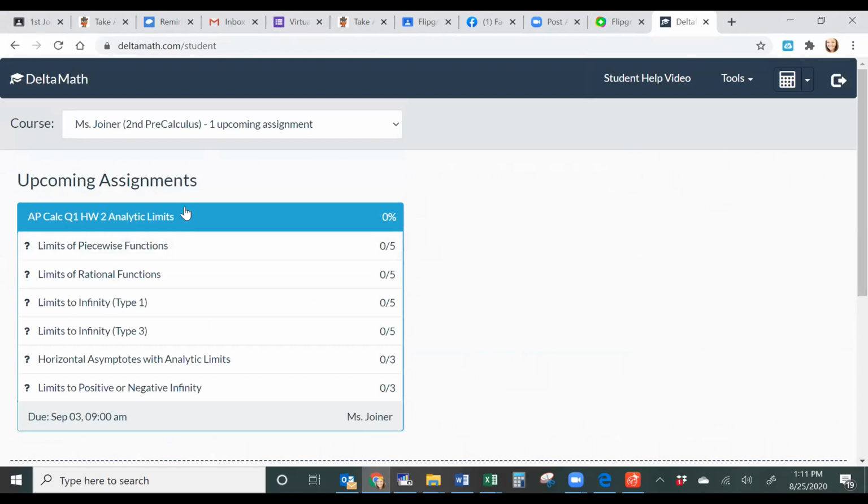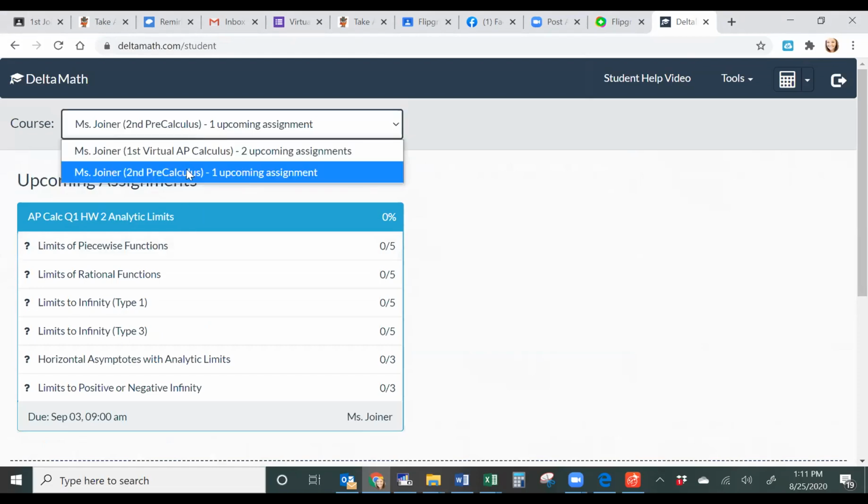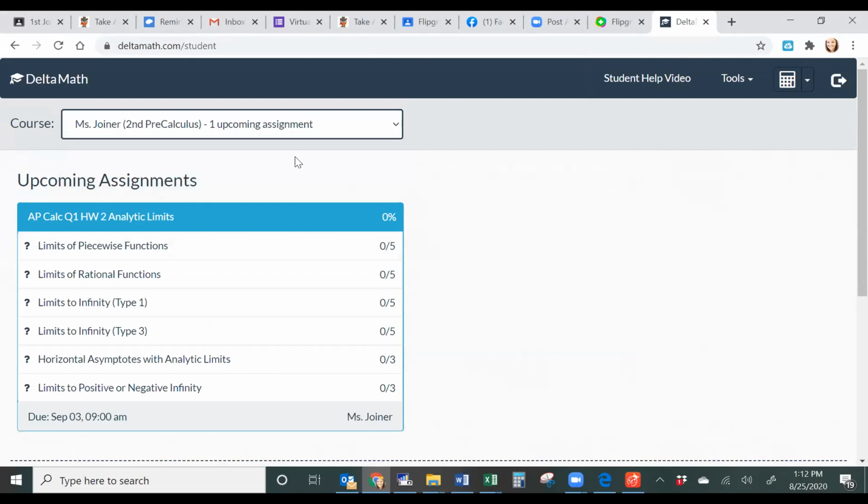But you're going to be, did I not assign this yet? Okay, hang on, take a break. I forgot to post your homework on here. Un momento. Oh, it is on there for you? Why is it not on there? The AP Calc question homework 2. Okay, maybe I just scrolled the wrong way.